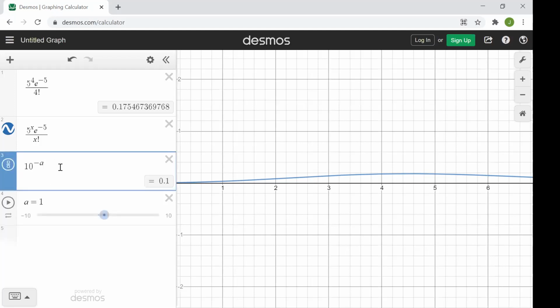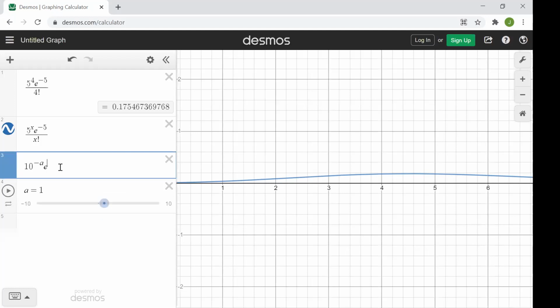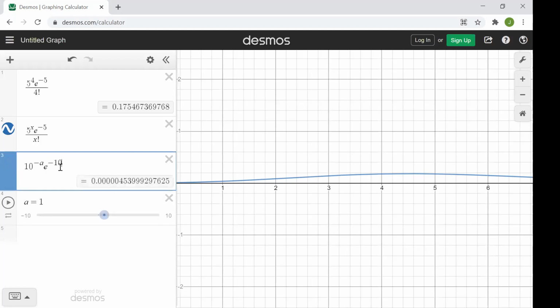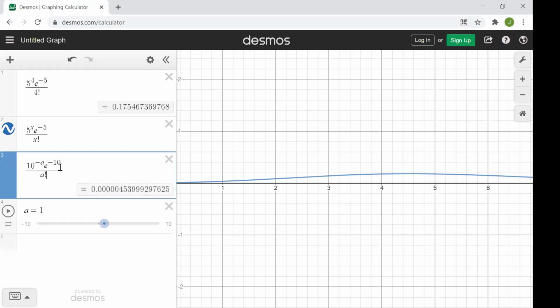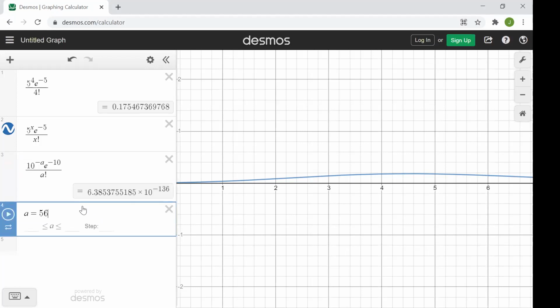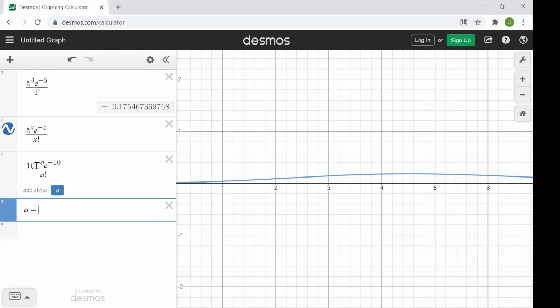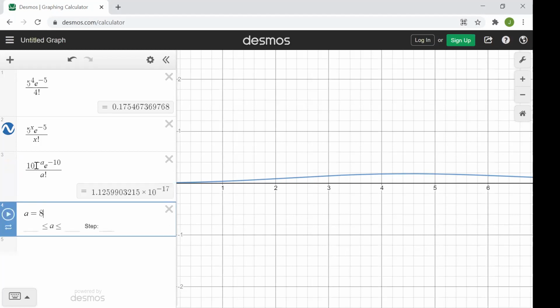We'll add that slider. Our e to the negative 10 stays the same. And then we divide all this by a factorial. Now you can see I can just change it like that and make things easier when typing in these values.